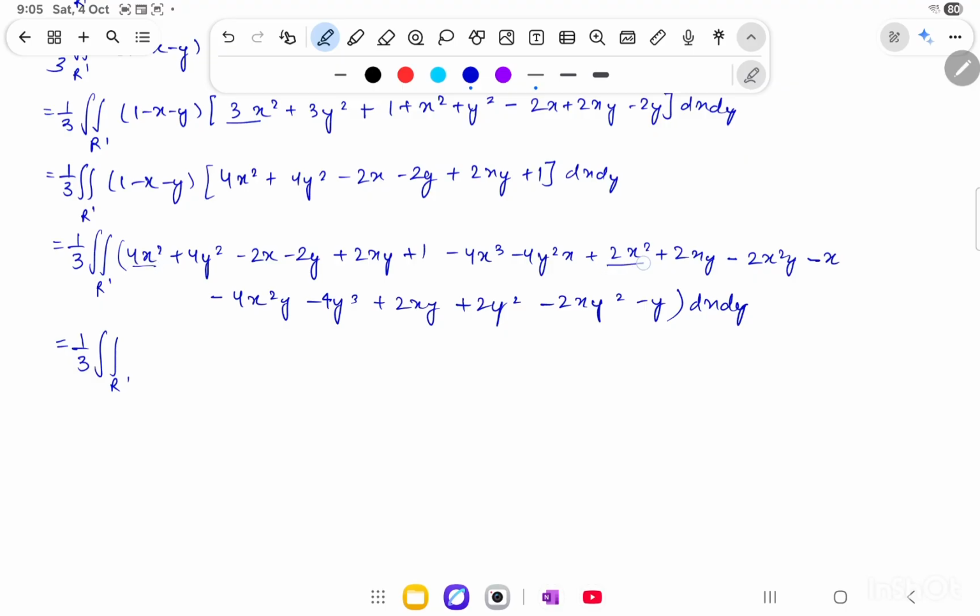Now if we simplify it, it will be 1 by 3 over R dash of 4 plus 2, 6x squared, plus 4 plus 2, 6y squared, then minus 3x, likewise minus 3y, and 2xy plus 2xy plus 2xy, that is plus 6xy, and there's this constant term 1 that we'll write later.